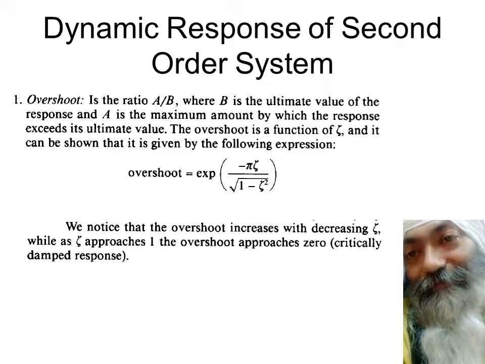So decreasing zeta will increase overshoot, and as zeta approaches 1, overshoot approaches 0, because at zeta equal to 1, as we had seen earlier, it becomes a critically damped response, and in a critically damped response there is no oscillation and therefore there is no overshoot. But as zeta goes on decreasing, overshoot goes on increasing, as you can see from this expression also, right?